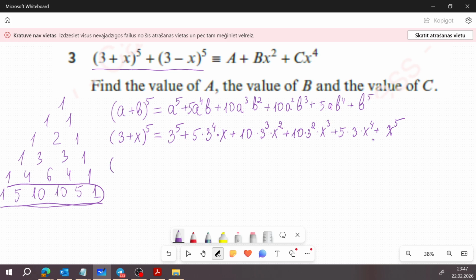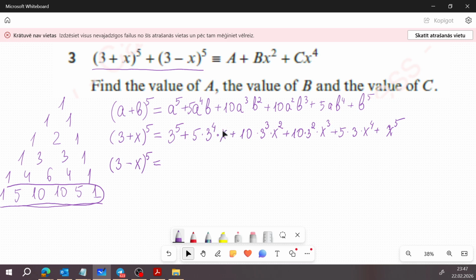Now let us do the same with the second bracket where minus is before x, so 3 minus x. What is interesting is that x and minus x have different signs only if their powers are odd.